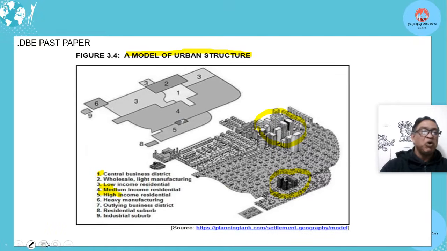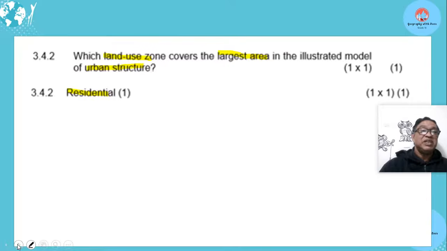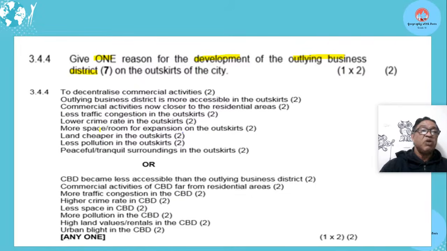And you know we spoke about commercial decentralization, when we're moving stuff out. So, decentralization of commercial activities. Then we will find the outlying business district is more accessible to the outskirts.